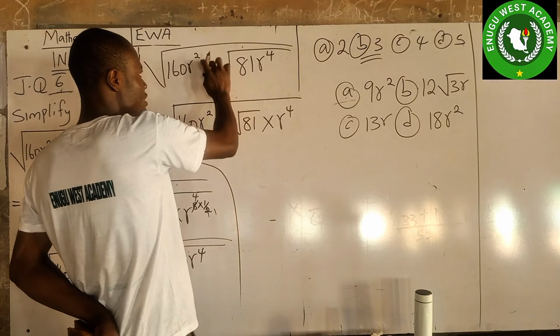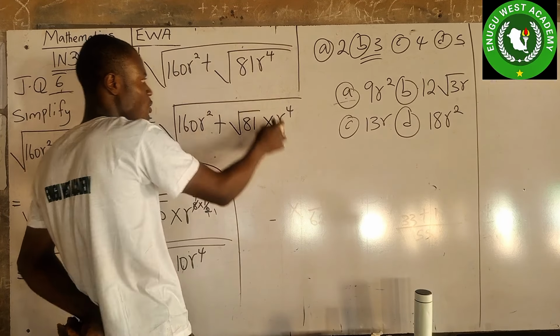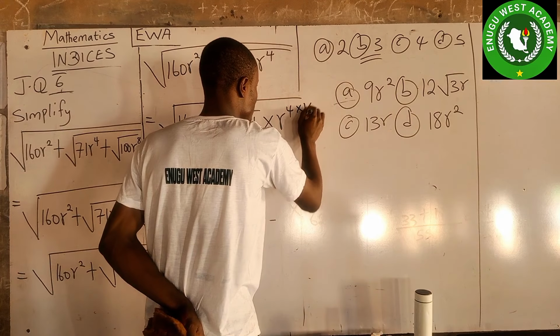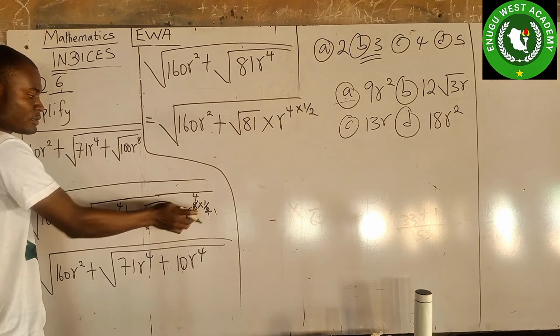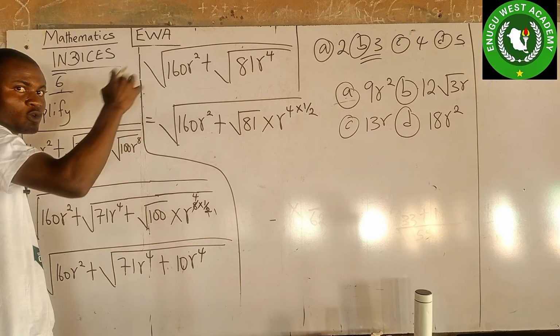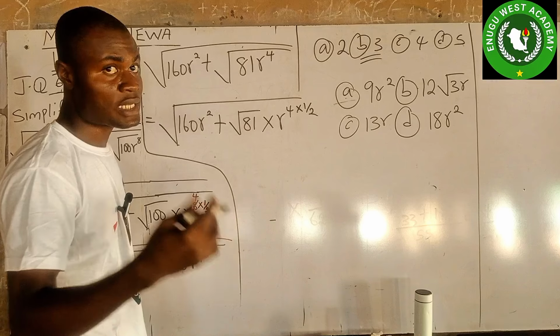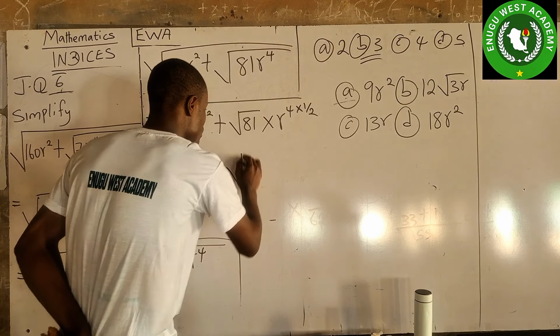Now remember, this square root 81 and r is inside the square root, so we're going to have times 1 over 2, just like what we did here. The 100 will carry the square root, then the alphabet will carry 1 over 2 for easy simplification.